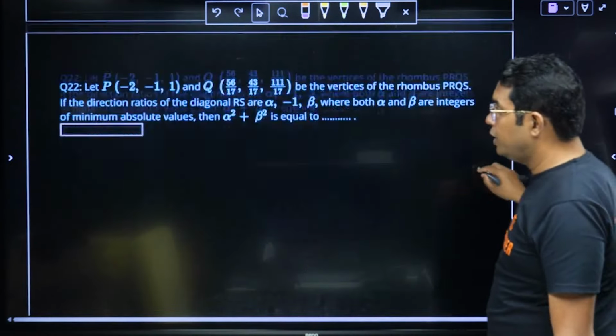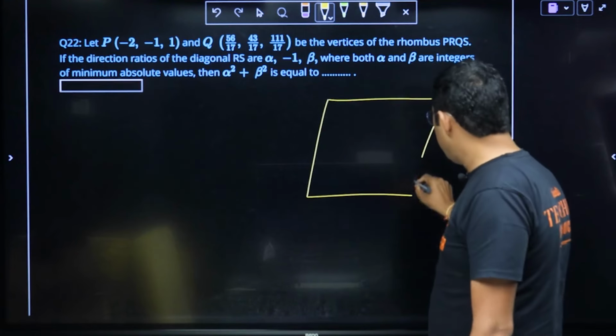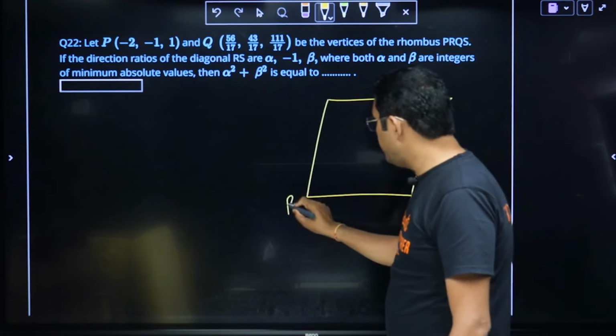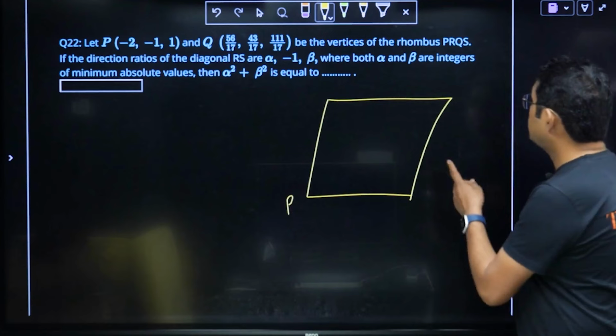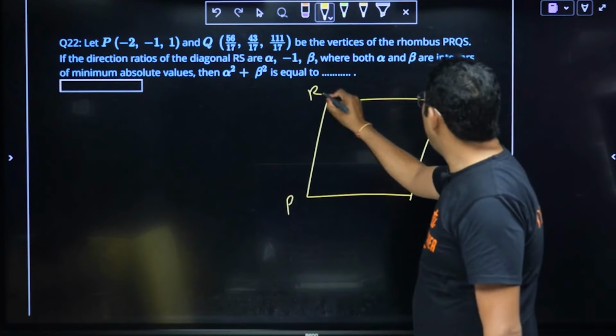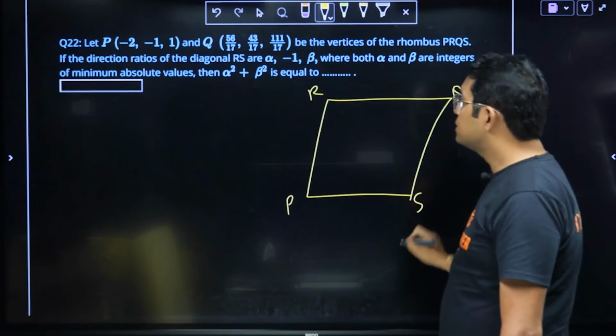Okay, moving to the next question, number 22. Here we are given P and Q as vertices of a rhombus PRQS. Remember, listen or read it carefully, that it is not PQRS. I also made this mistake when I saw this question for the first time. So it is PRQS.